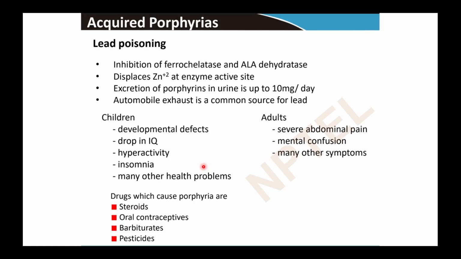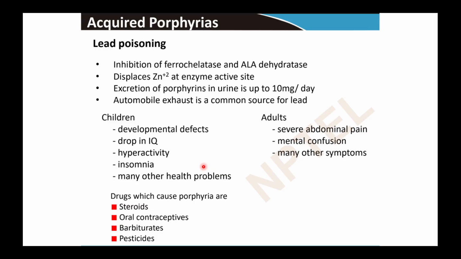Now, both of these enzymes, ferrochelatase and ALA dehydratase, are present in the heme synthesis pathway, right? Ferrochelatase is the enzyme present in the last step of heme synthesis, and ALA dehydratase is the enzyme present at the second stage of heme synthesis.